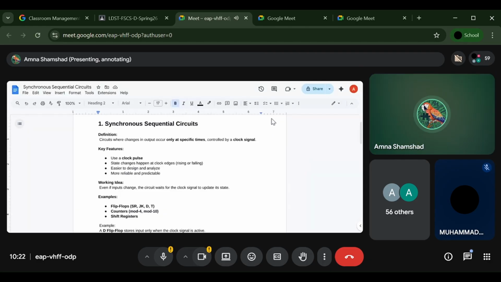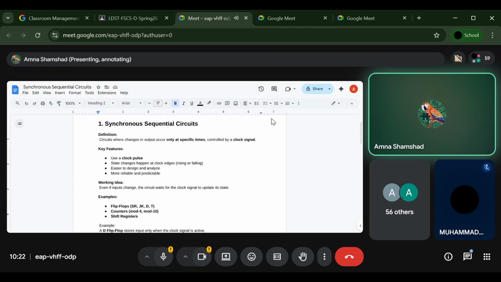Okay, let's start again. I am talking about the sequential circuits. We have already discussed in class the main division of circuits, that is combinational and sequential. Combinational are basically those in which the output is dependent only on the current input.